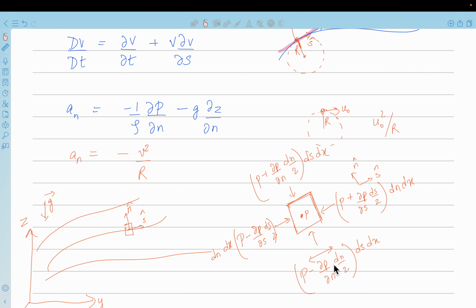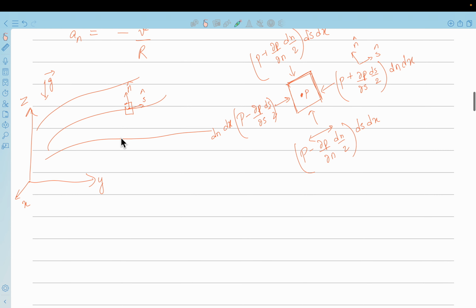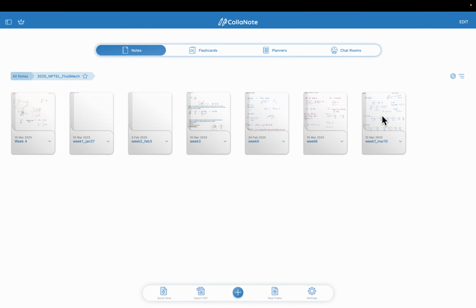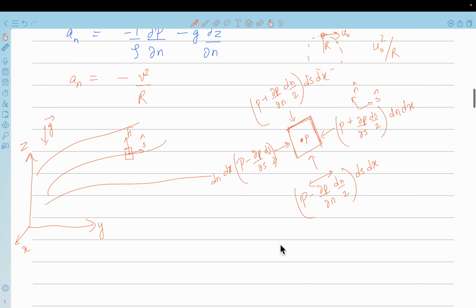So is this clear how I wrote these pressures? Yeah, okay. So ds into dx.